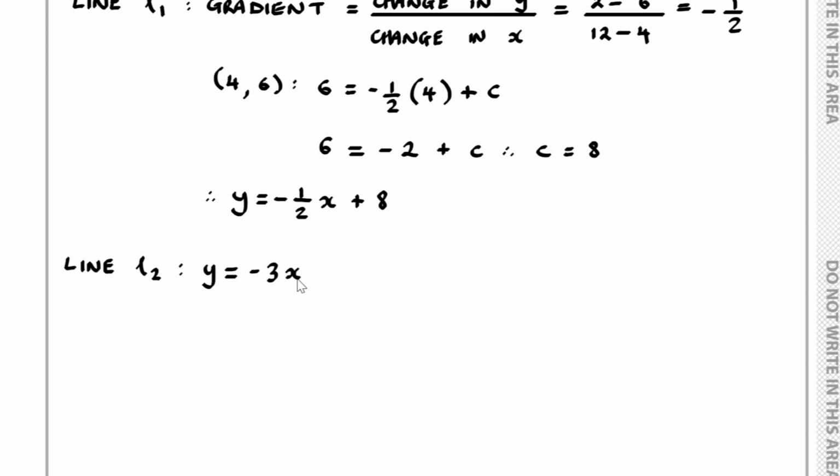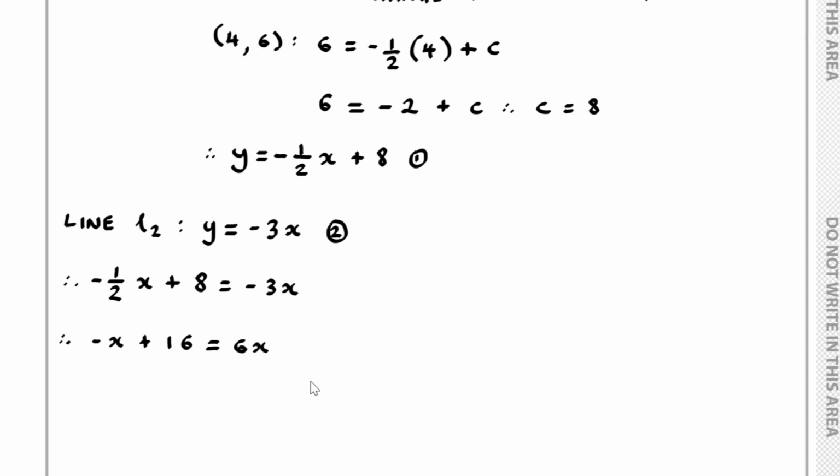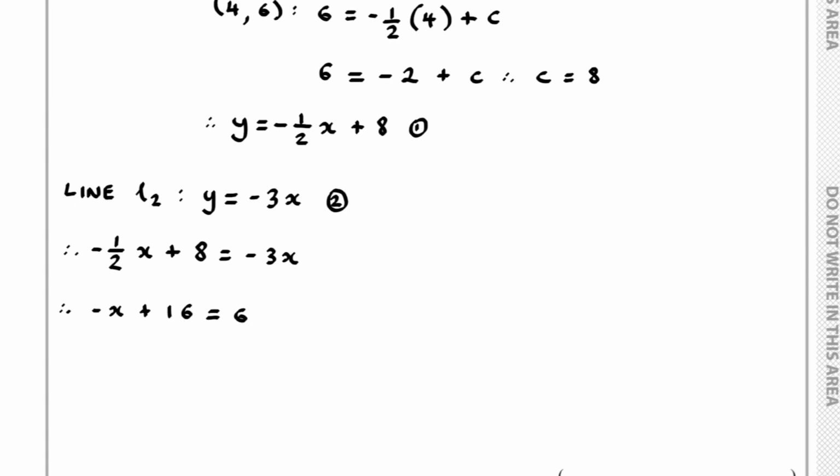So I've got the equation of line L1, y equals minus 1/2 x plus 8, and the line L2, y equals minus 3x. We now need to find out where they intersect, so if I call this equation 1 and this equation 2, we can set equation 1 equal to equation 2. So I've got minus 1/2 x plus 8 equals negative 3x, times through by 2. I've got minus x plus 16 equals negative 6x.